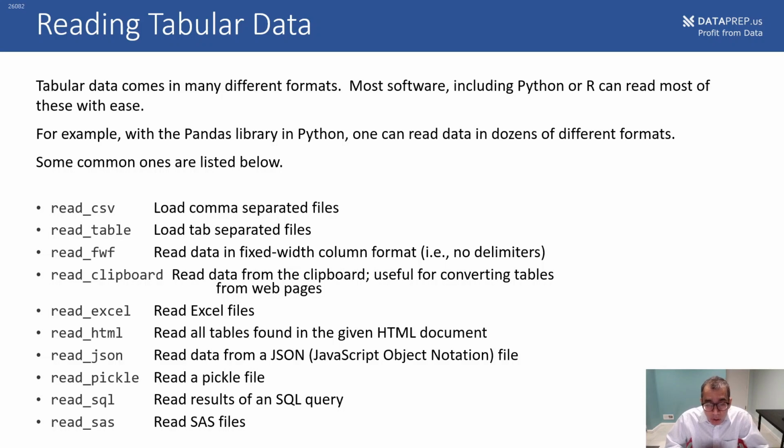This is the most common format in which data is shared, and this is the most common format that you will find data in. Then there can be tab separated files, fixed width files, and so on. And you can read all of them quite easily in Python, in Excel, in SAS, in R, you name it. And most of those things have connectors built in to read data. So that's generally not an issue.